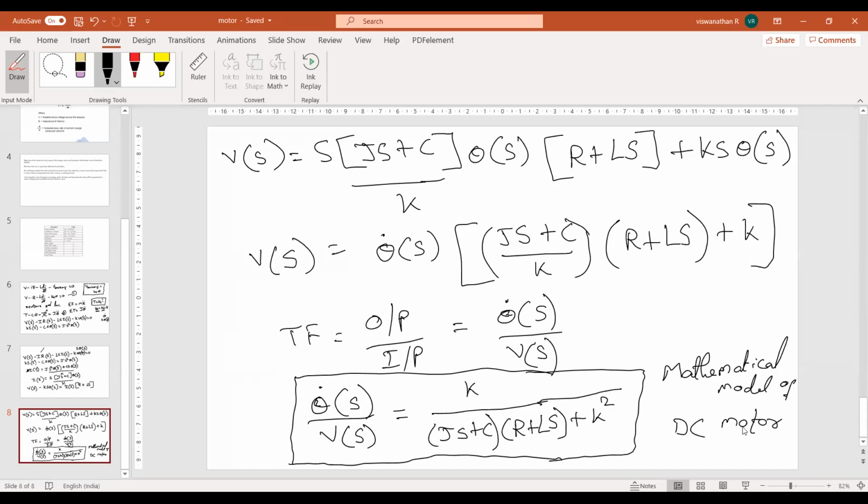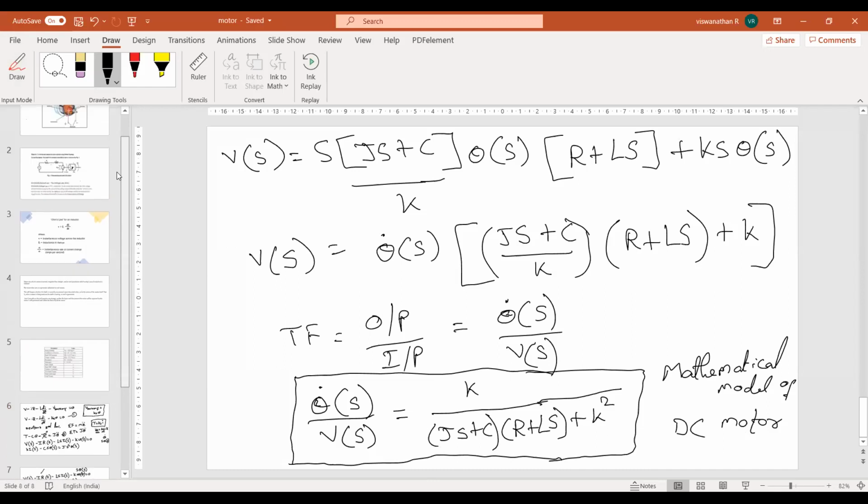Now why are all these important? Because if you want to do some projects, you need to know how to mathematically model these things. The basic one is the motor. From this you can model a system, maybe a car, or say a drone. A drone will use a brushless DC motor, but what I have discussed is brushed DC motors.